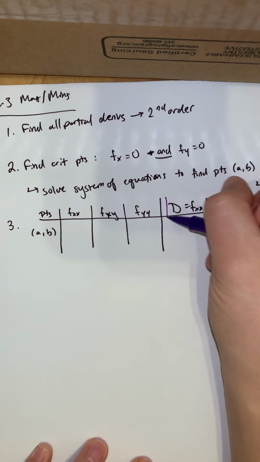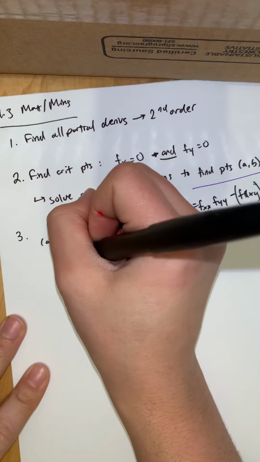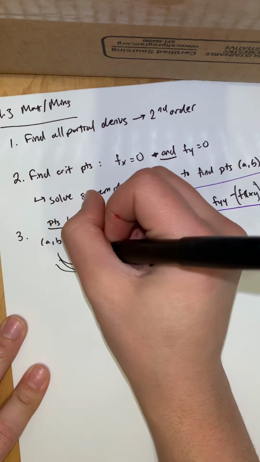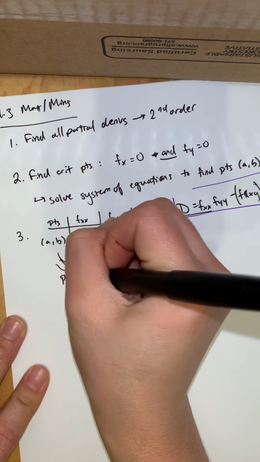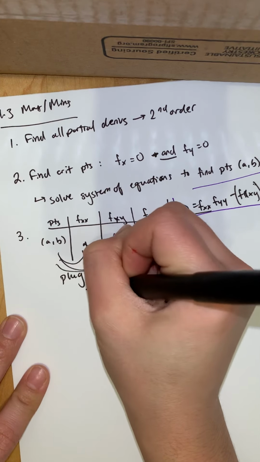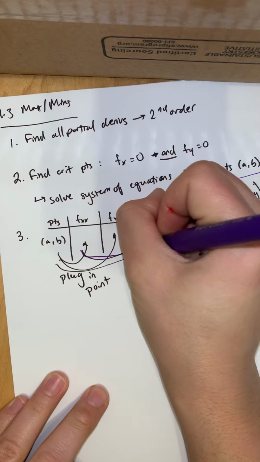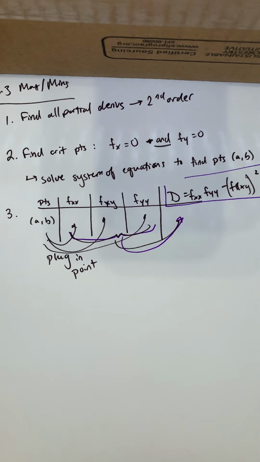So this is an equation. Here what I mean is we're going to plug in our point, and then we're going to take all of these values on the left and plug them into our discriminant over here. Okay?